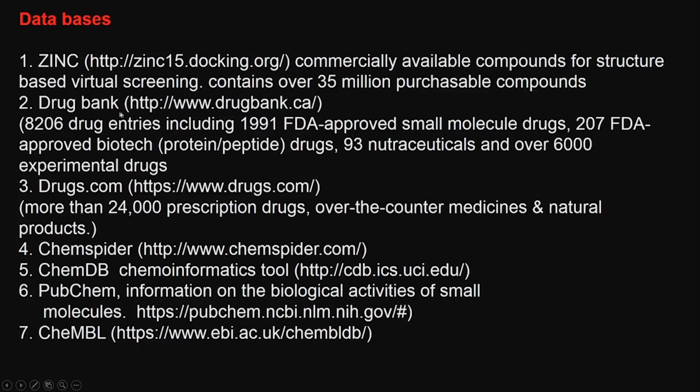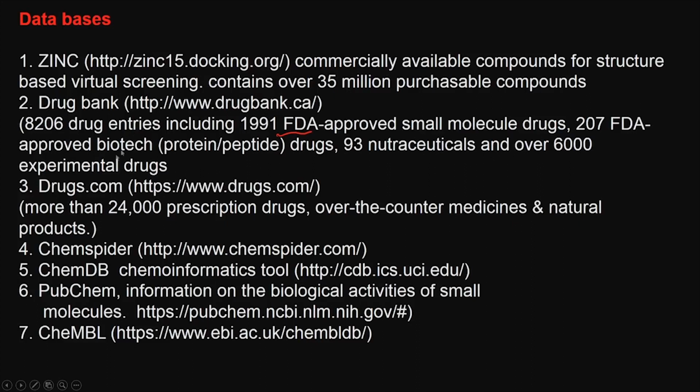Then we have the DrugBank database. There are 8,200 drug entries in that, that means drugs which are approved by the Food and Drug Administration, that is FDA approved drugs. Then biotech drugs, nutraceuticals, experimental drugs.